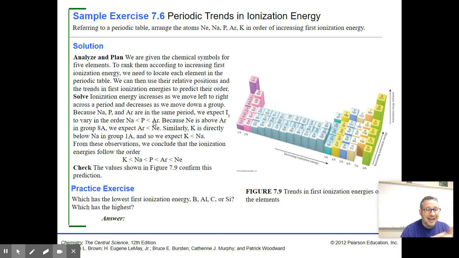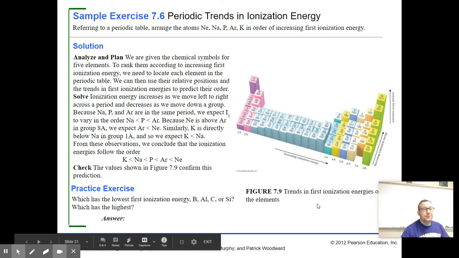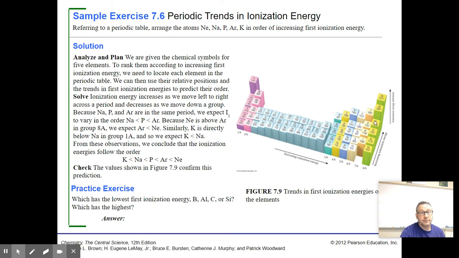But that leaves us with potassium and neon. So neon is above argon in the periodic table. So using the trend, we would say that neon is larger than argon. So neon's going to be placed to the right of argon.